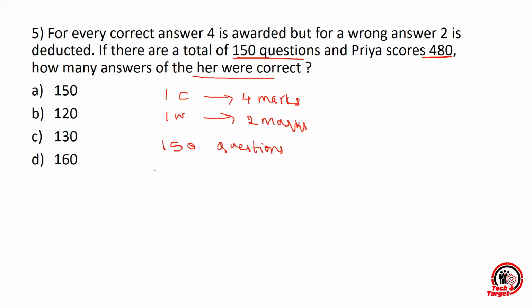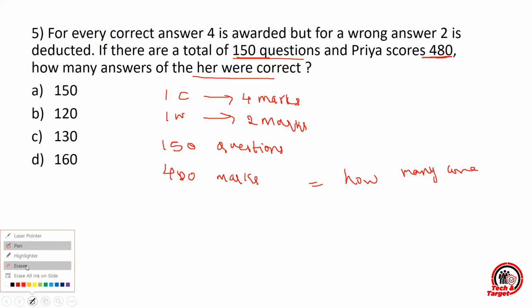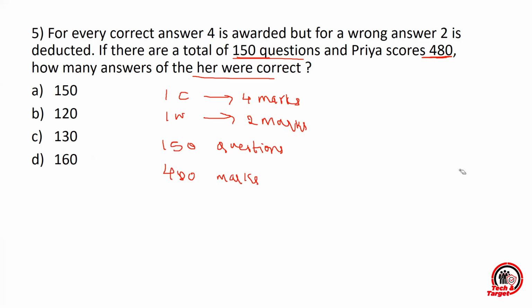And if Priya scores 480 marks, then how many are correct? We have to find out how many are correct, right? So to find this out, we can come up with a hypothesis: let us consider x to be the number of questions that she solved correctly.